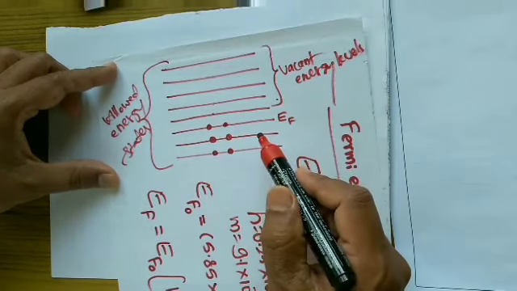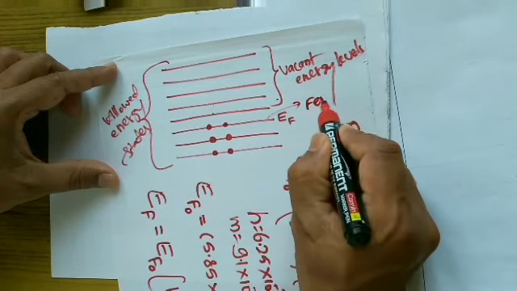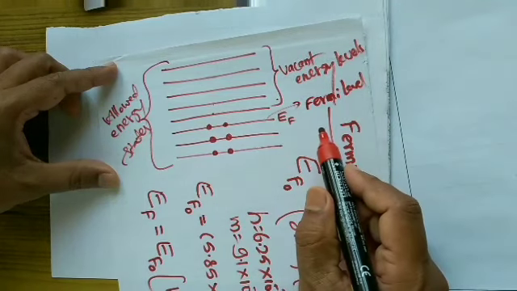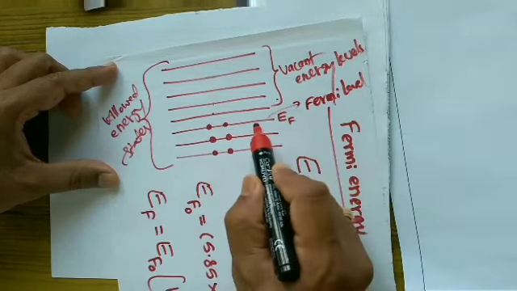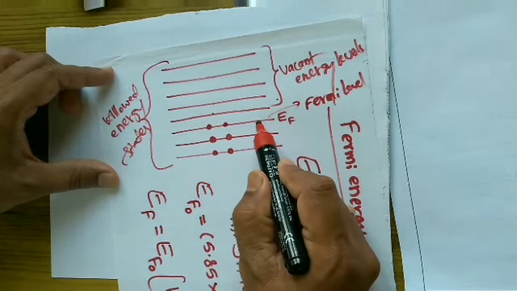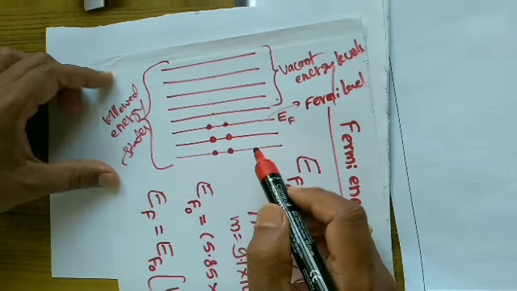This is the Fermi level. That means this is the highest occupied energy level at 0 degree Kelvin. This is how one can understand the concept of Fermi energy.